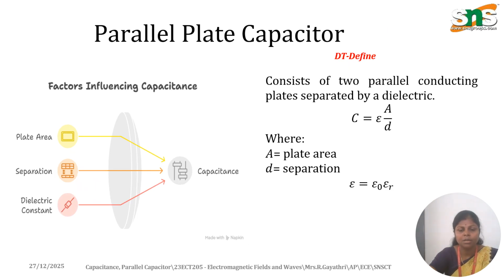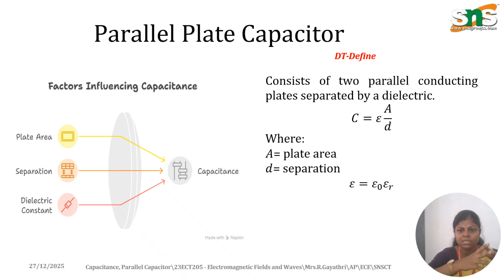Now the capacitance for a parallel plate capacitor. The parallel plate capacitor consists of two parallel plates separated by a dielectric in between. In this case, the capacitance is defined as C equal to epsilon naught into A divided by d.